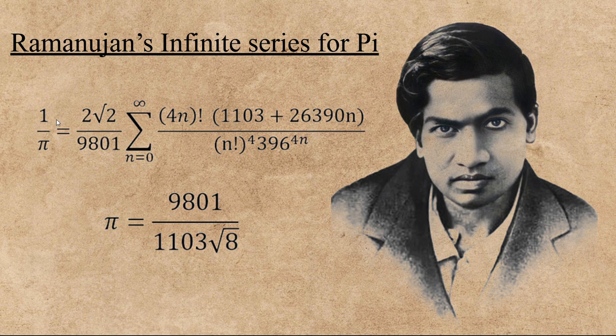So basically, you take the reciprocal of this part. You have 9801 by 1103 into 2 root 2, which is basically root 8. So that's the formula to give you the first 8 digits of pi.